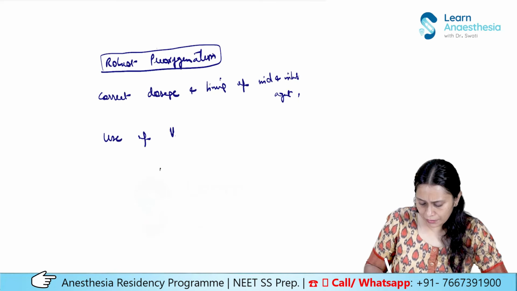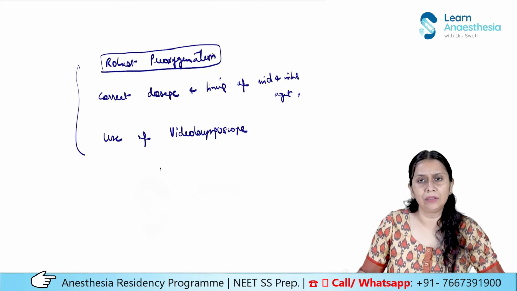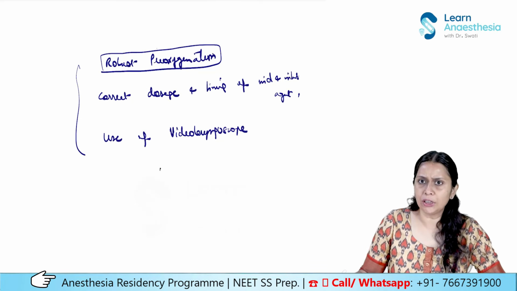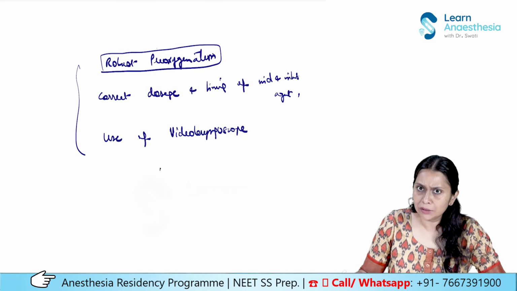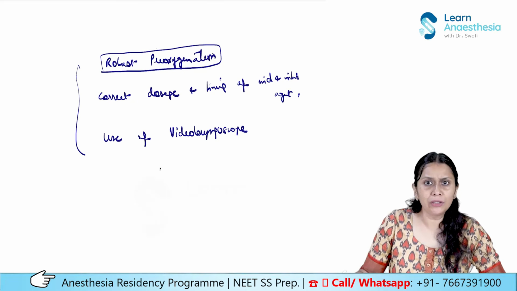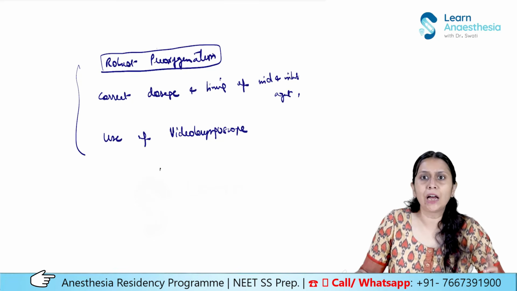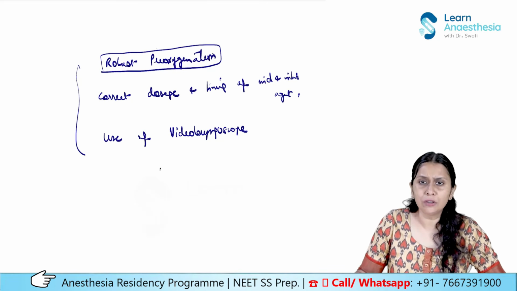Now, if I find that the patient has a difficult airway and I have a video laryngoscope available, then in the first attempt I will use the video laryngoscope, because these emergency patients would not give us much time and it is very important to secure the airway in our first attempt. So every factor which can make the first attempt successful, we should start from the very beginning, right?